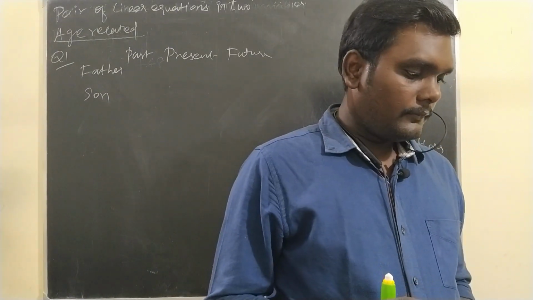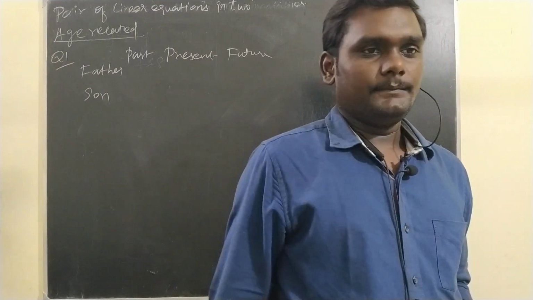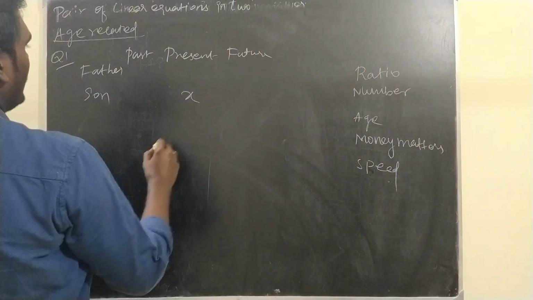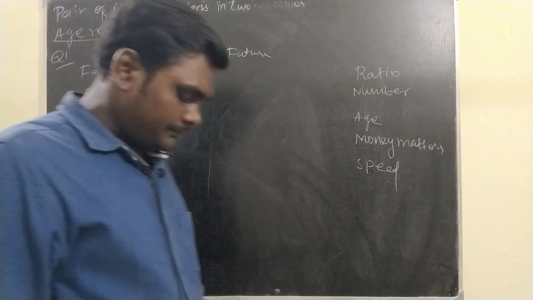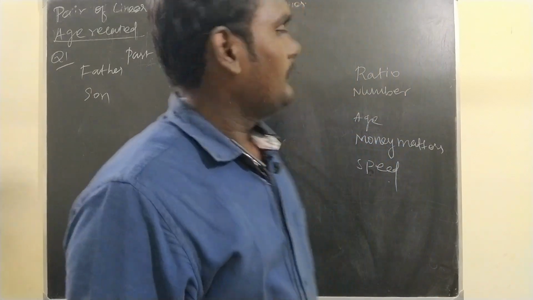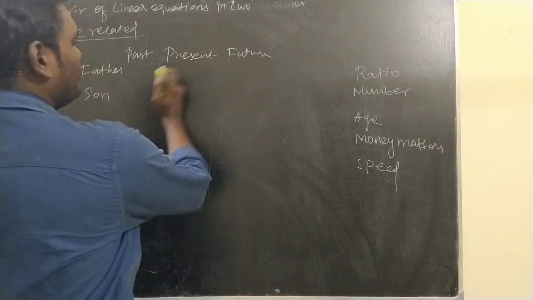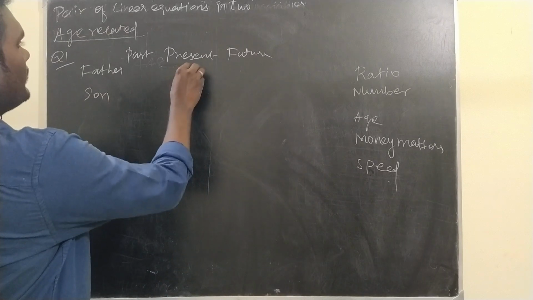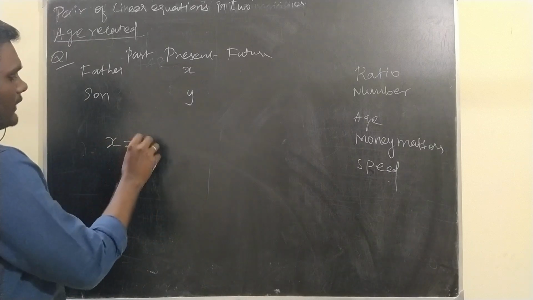Present age, have they given? A father is 3 times as old as his son. So let the son's age be y and the father's age x, and x is equal to 3y.